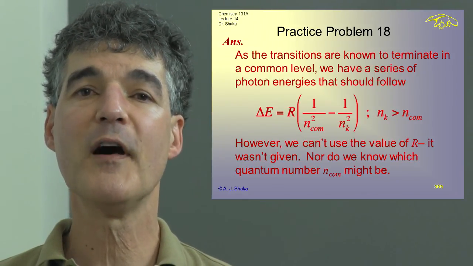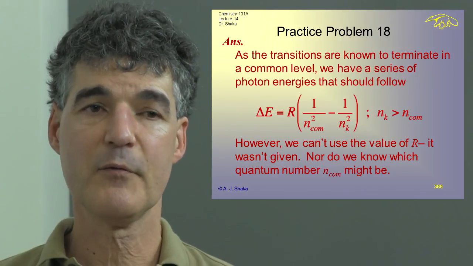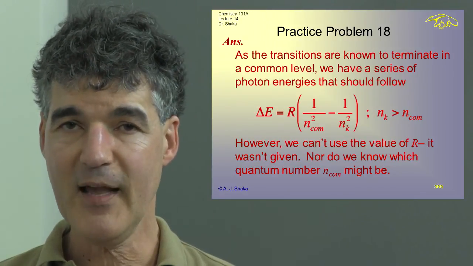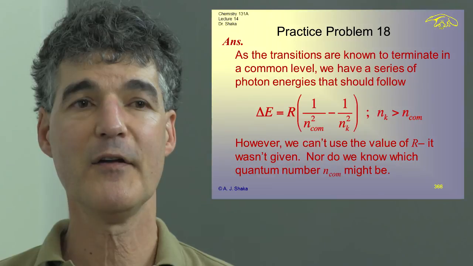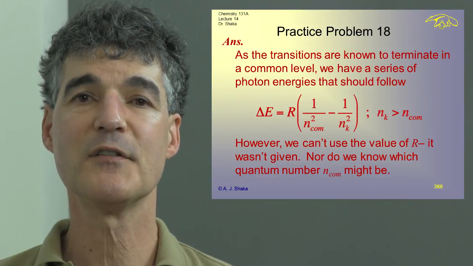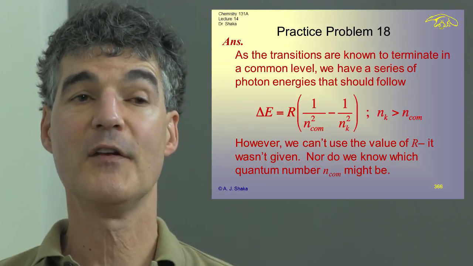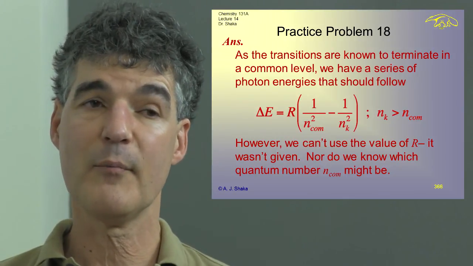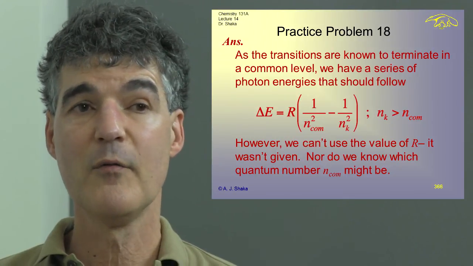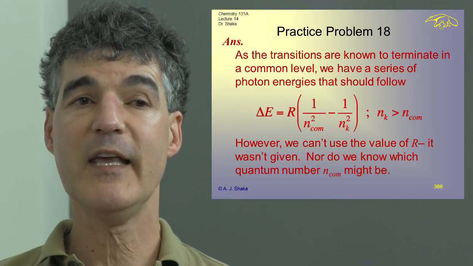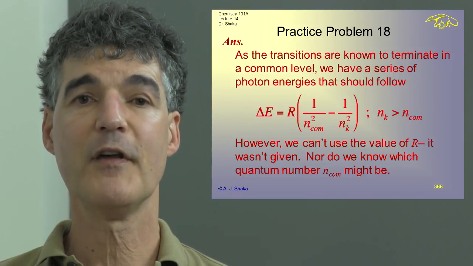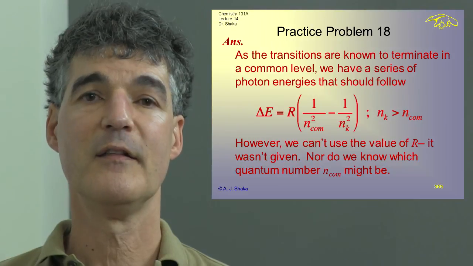And we don't know what the value of R is because it wasn't given. And on an exam, if you aren't given the value of R in a problem like this, that means you're supposed to figure it out without that. So let's try to do that. We don't know n common. We don't know R. We have some values of delta E, and we have to try to figure out if they fit this formula.